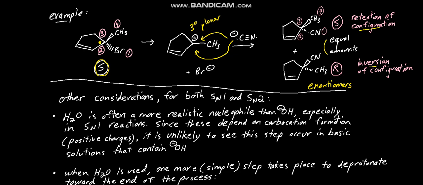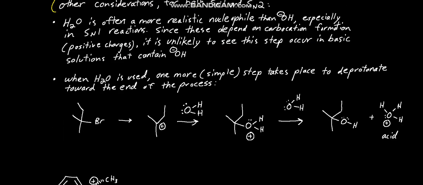A few other important considerations, actually for both SN1 and 2, but we'll focus on SN1 still here. Water is a more realistic nucleophile. If you think about the formation of a carbocation, it's a plus charge.